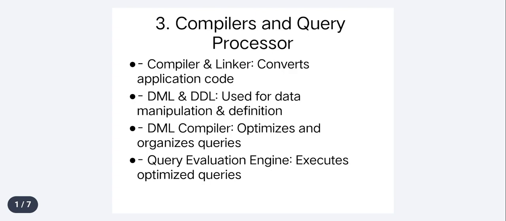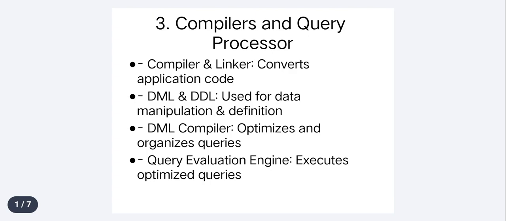And second one is DML and DDL, used for data manipulation and definition. Let's see them one by one. First of all, DML means data manipulation language. These are SQL commands such as select, insert, update, and delete, used to manipulate the data in the database. And DDL means data definition language.